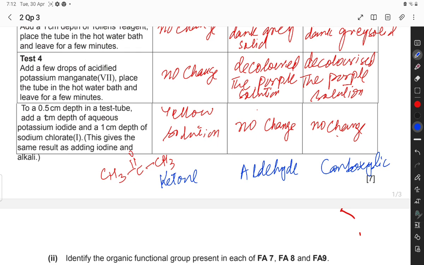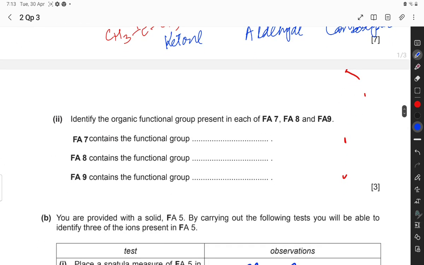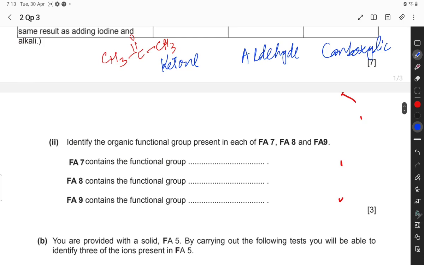So this is propanol, and this is propanoic acid. So Fe7 contains the functional group ketone, Fa8 aldehyde, and Fa9 carboxylic acid.